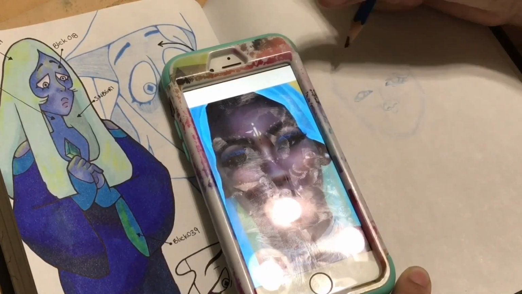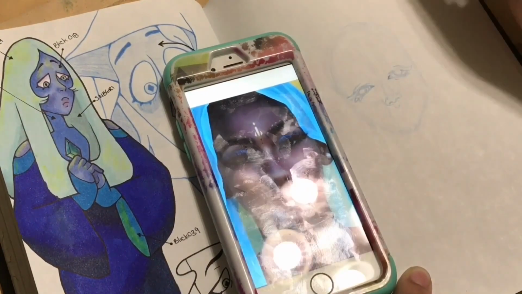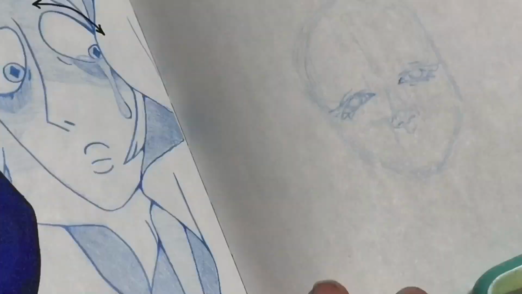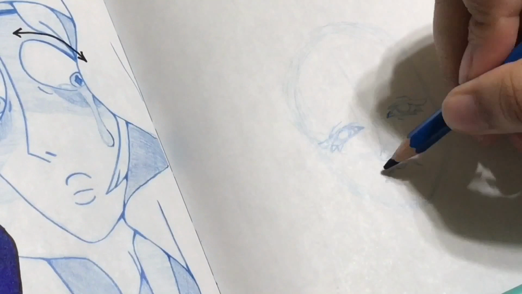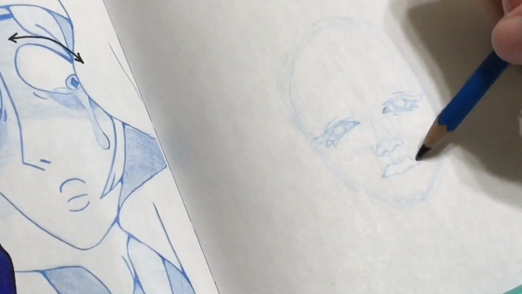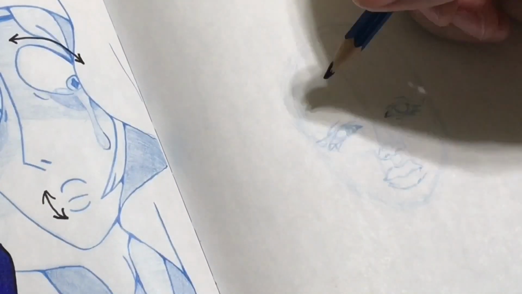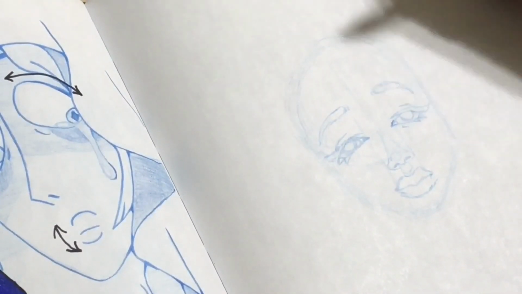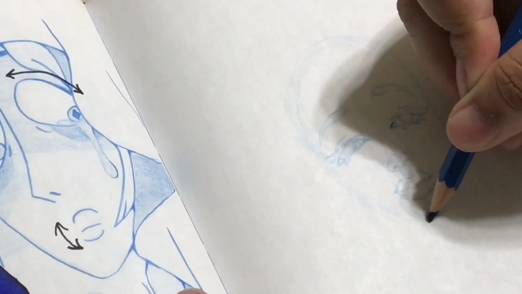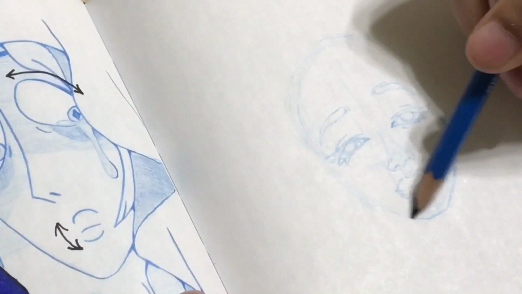I know, but yeah, so I'm going to slant her eyes so she can have that Blue Diamond look. I am also going to make the model's lips exaggerated and fuller because, as you can see, Blue Diamond's lips are really plump. She's got those kissy lips. And I also make her eyebrows raised and sad looking because that's how her eyebrows always look.